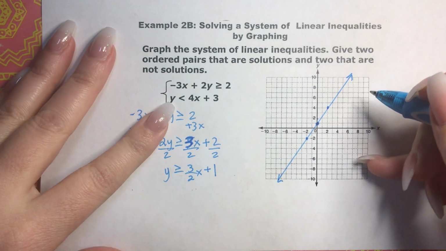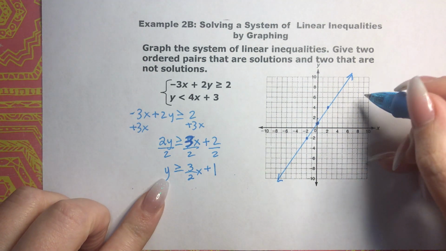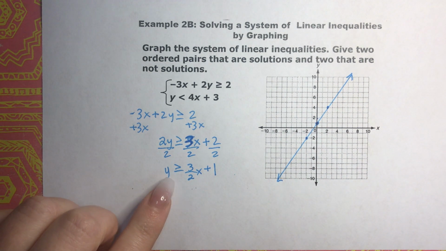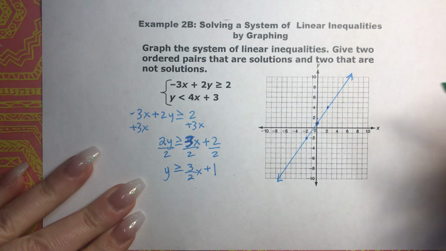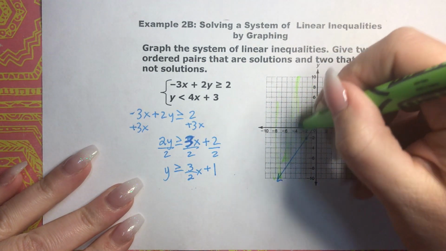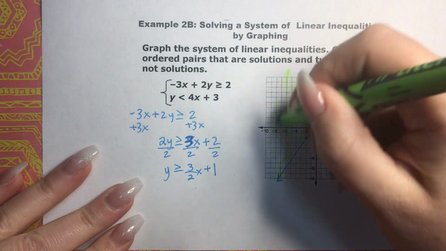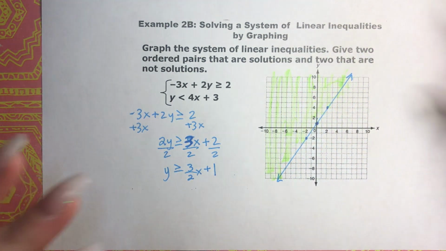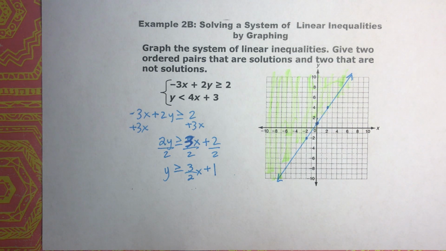And then I'm going to graph this other one. Oh, I have to shade. y is greater, so that means y is going to be above. So I'm just going to lightly shade above here, and then that region that they both have, I'm going to shade a lot darker.